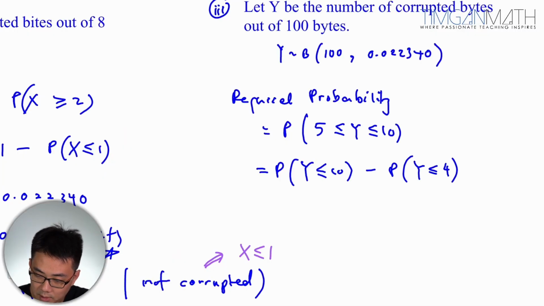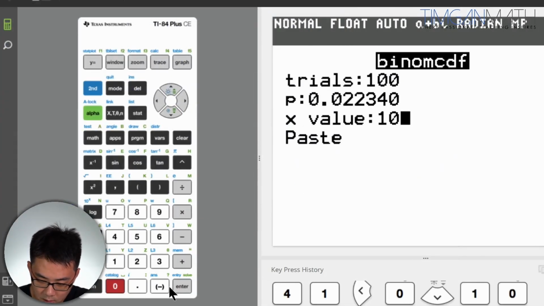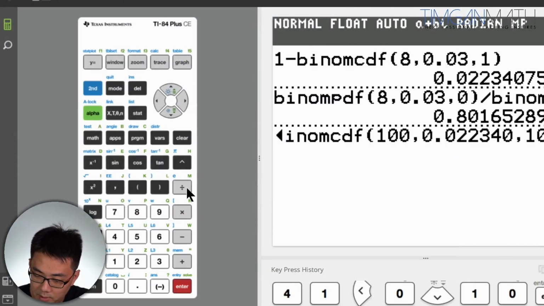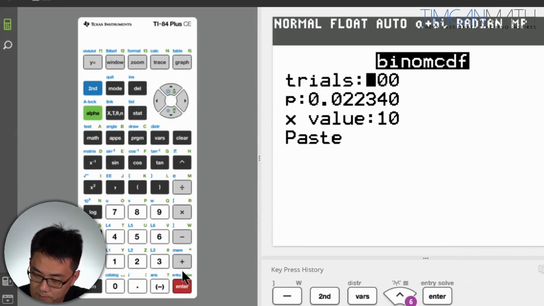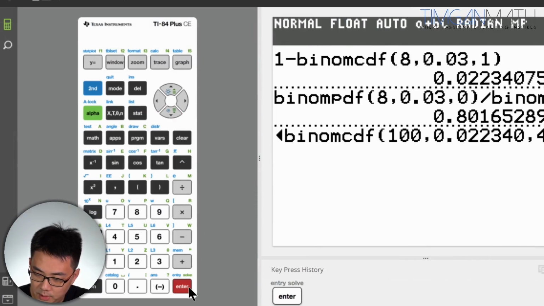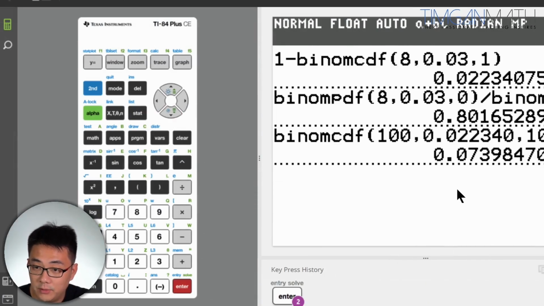Then I'll put this as 10 and minus of 4. Okay, so that's it. Paste it. 0.073.